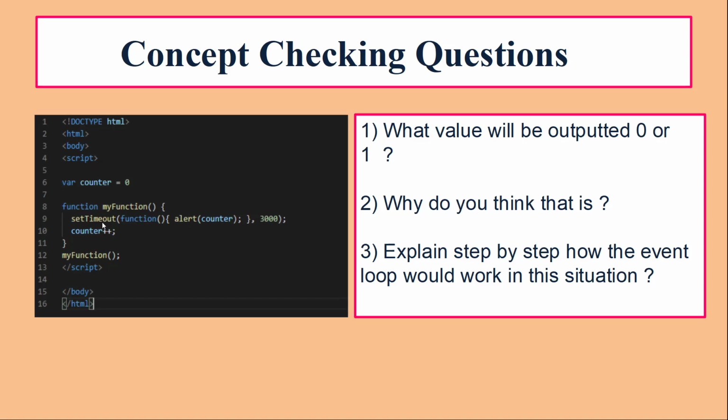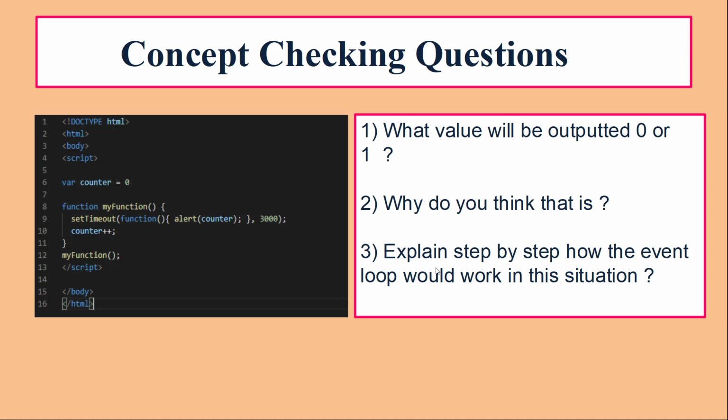And while it's being waited for, we go down to the next one, and this will be called. Now this means we add 1 to the counter. So even if that is executed straight away, because we have a callback method here, it will go into that callback queue and it'll still have to wait for the counter.